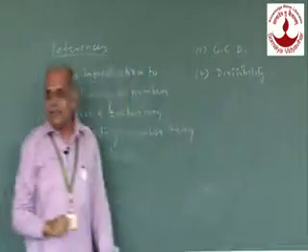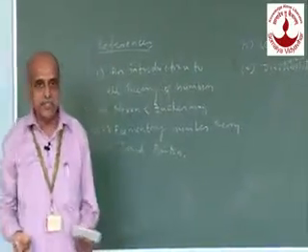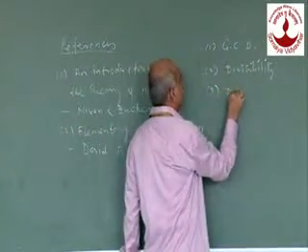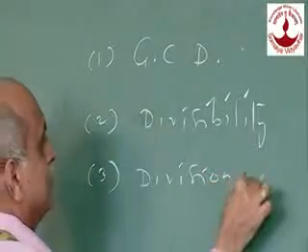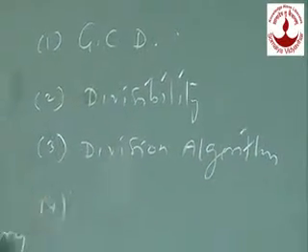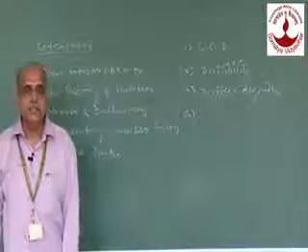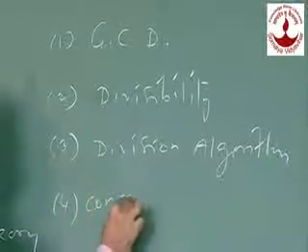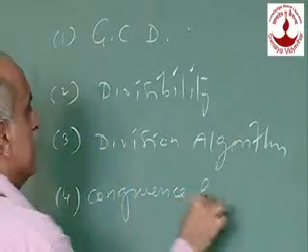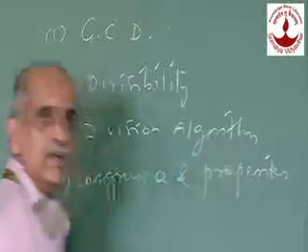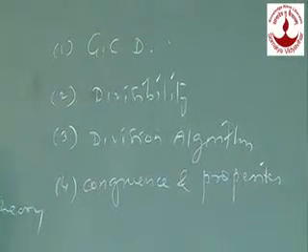Again, already you are aware when a certain number divides. Number 3, we have some knowledge of the division algorithm. And number 4 is slight knowledge of congruences. It might be a new concept for you. Congruences and properties. So quickly, I will go through the last one.